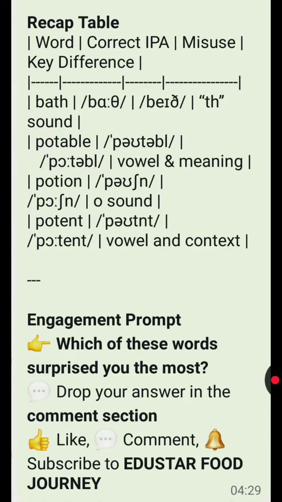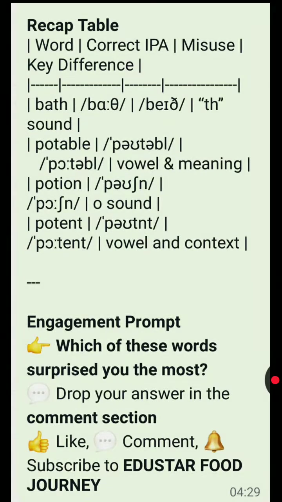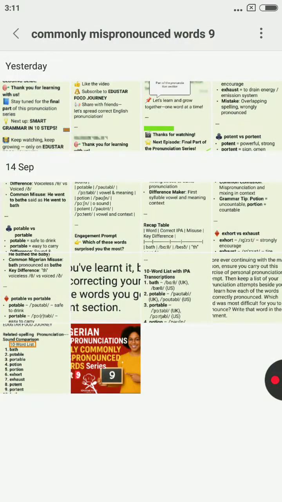First is bath versus bathe. TH is the main difference. TH sound in either case. So you can see th and the, producing th in bath and the in bathe.